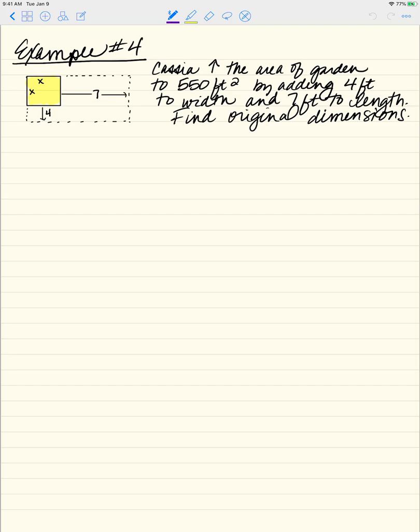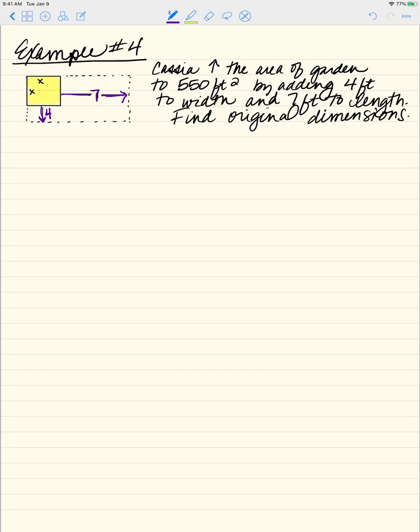Cassia increased the area of her garden to 550 feet squared by adding 4 feet of width, that's right here, and 7 feet in length, right here, to the original garden. So the original garden is what's in yellow. Find the original dimensions of her garden, okay?